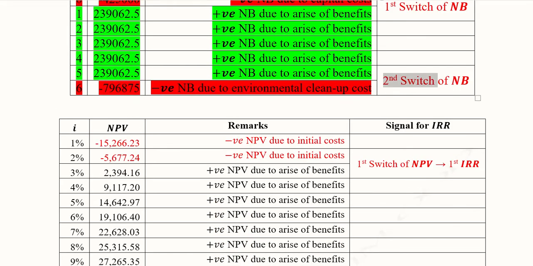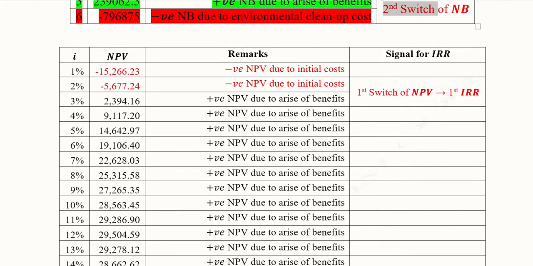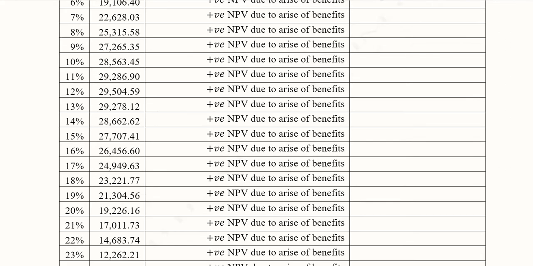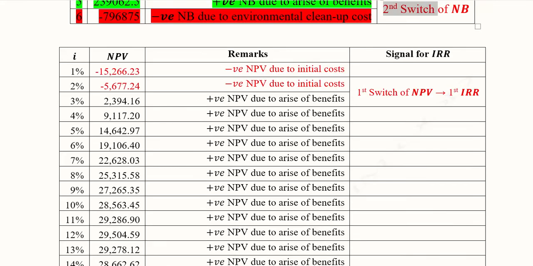We can calculate this, and for that we are going to make a table in which the first column is about the discount rates and the other is about the NPVs, remarks, and then the signal for IRR. Here we have the discount rates, starting with 1% and continuing to 30%. At each discount rate we have calculated the NPV.